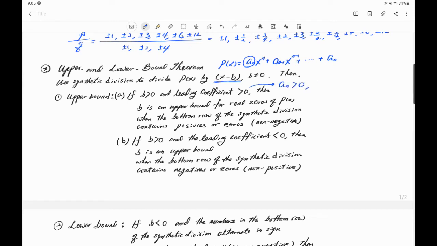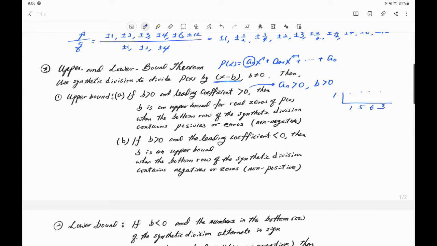Then when we do synthetic division using b, the bottom row has some numbers, let's say a positive 1, and then some numbers like 1, 5, 6, just an example.